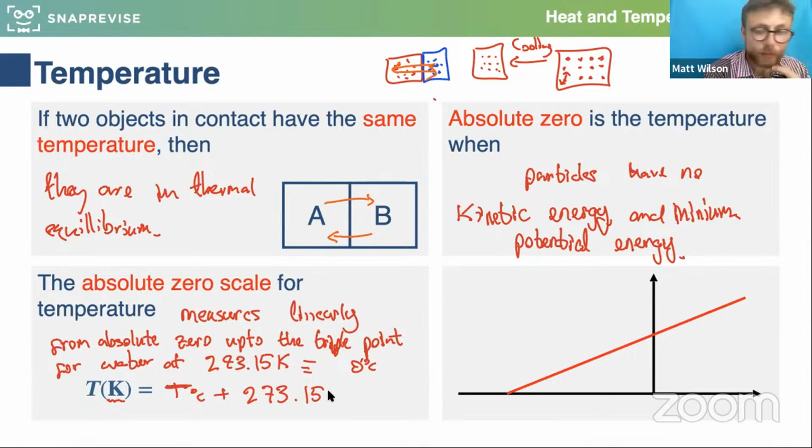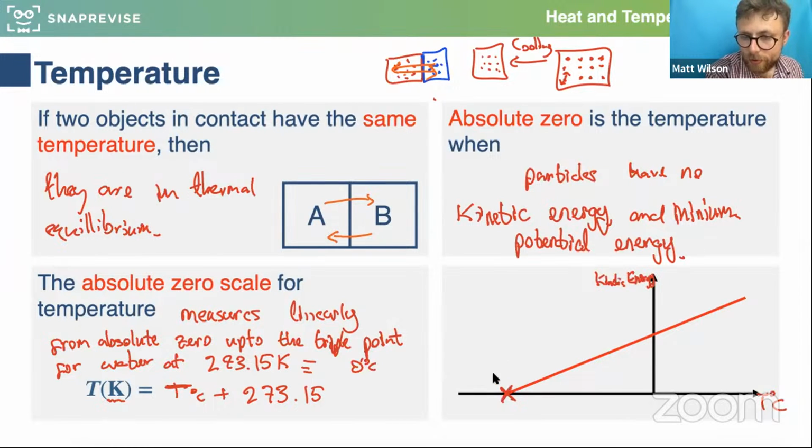So we can draw ourselves a graph. So on this graph, we are essentially drawing our energy against temperature, kinetic energy in particular. Okay.